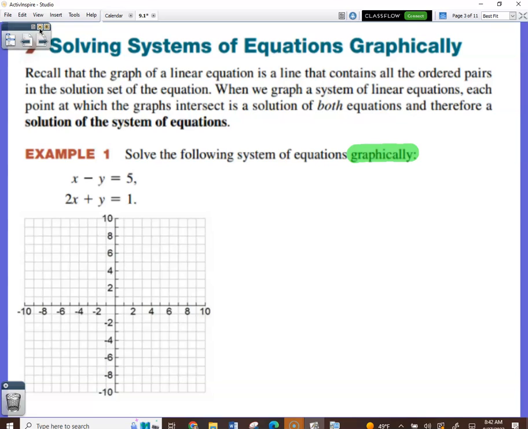Before we can take this system and set it in our calculator, we need it to be in slope-intercept form. If you look, these are both linear, meaning x to the first power. And I cannot type that in my calculator because it's not in y equals form.